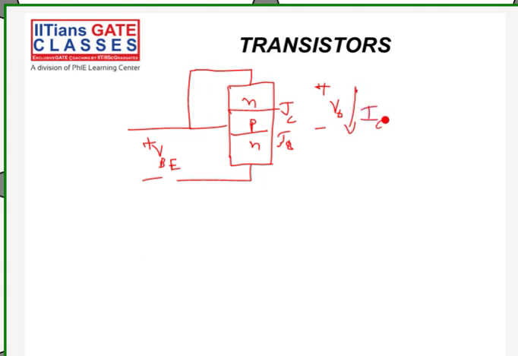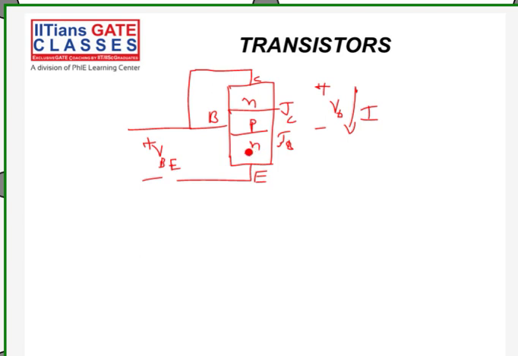This is the current I. Okay, so it is like this. It is looking like this actually. This is the collector junction, this is the base junction. So it is an N type of transistor.